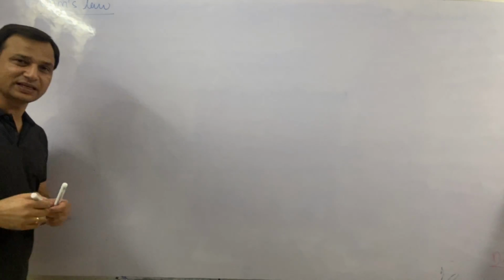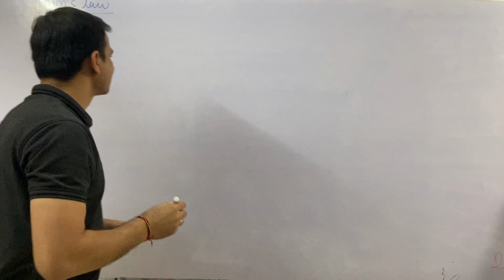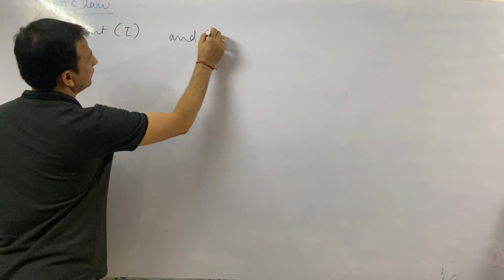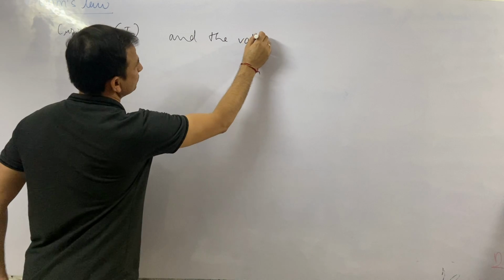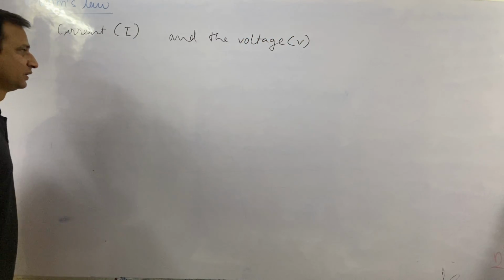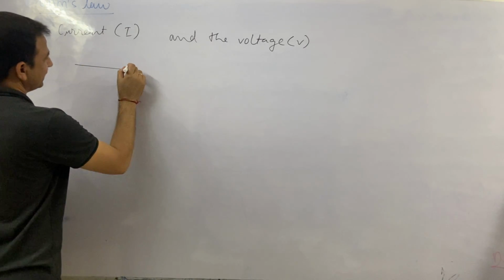As I said, Ohm's law establishes the relation between current I and the voltage V. So imagine we have a simple circuit here.